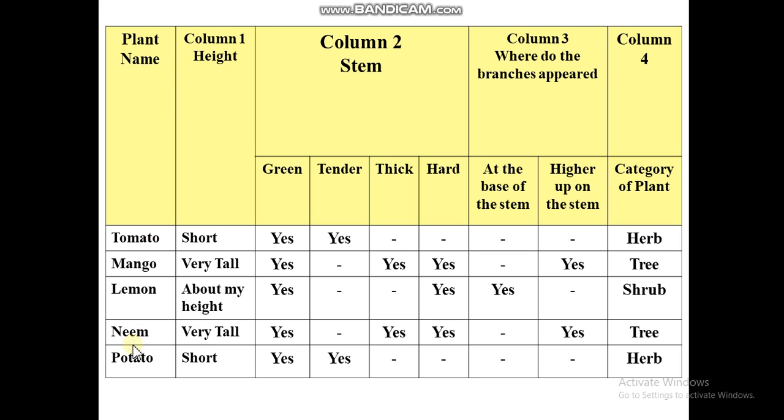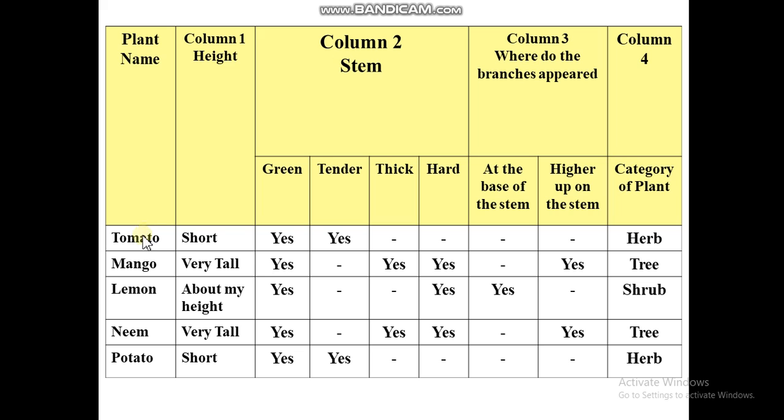Then we will look at the stem quality, or the properties of the stem. In column 3 we look at where the branches appear, that is, from which part of the plant the branches come. And in column 4 we write the category of the plant, meaning according to all these properties, which group the plant falls in.